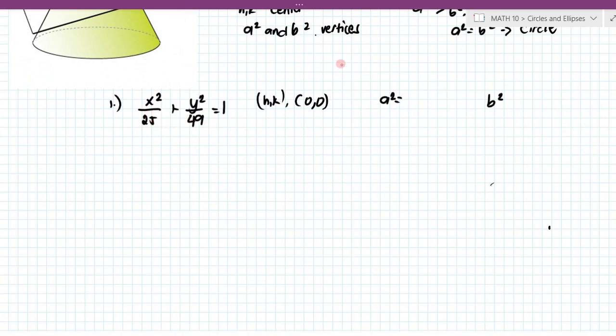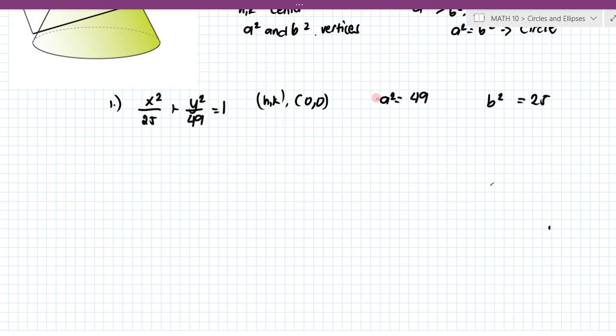So our a squared is 49, and our b squared is 25. Since our a squared lies on the y plane, that means that our ellipse will be vertical.